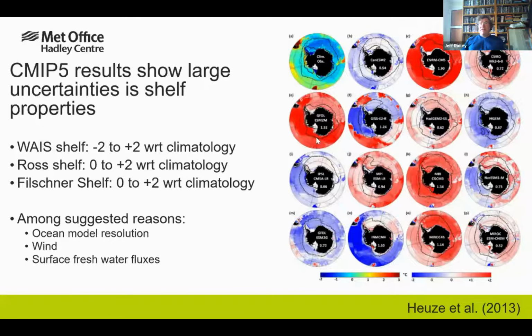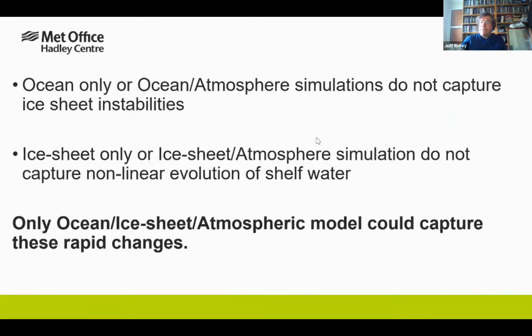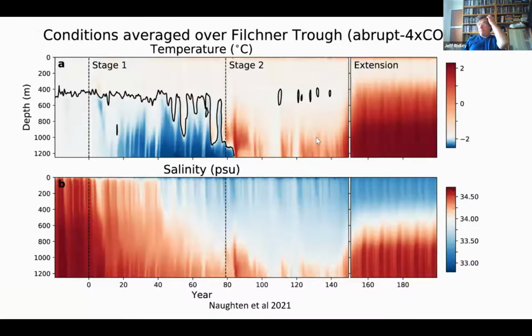However, these are interesting tipping points, and in fact, this experiment by Caitlin Norton showed that year 80 of the run, when the shelf water becomes fresh, is actually at 6 degrees warming.